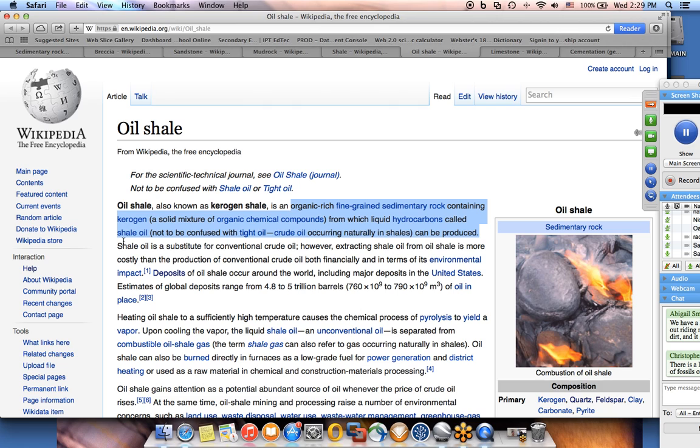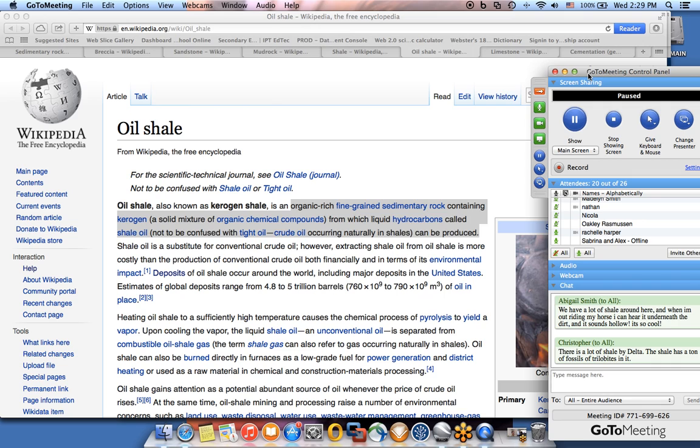And that is different. The shale oil is different from the crude oil. All right? So that is the oil shale. So you have a shale rock together with organic chemical compounds and materials that produce this shale oil.